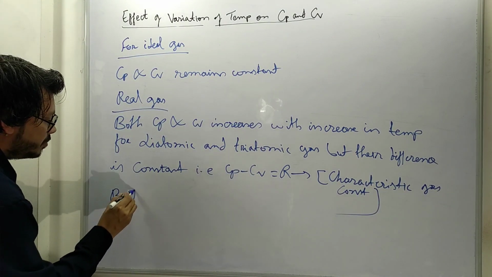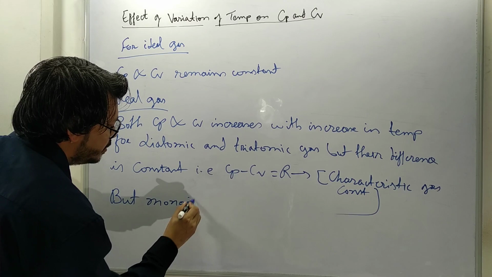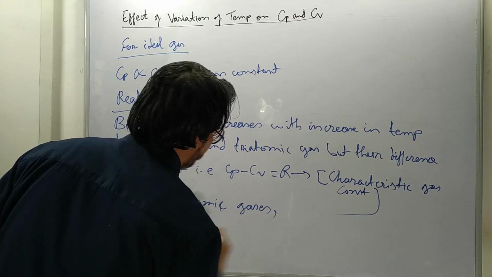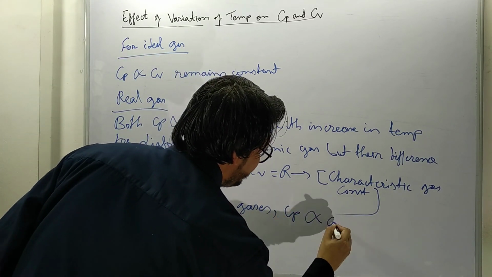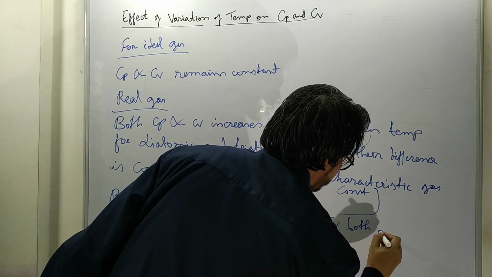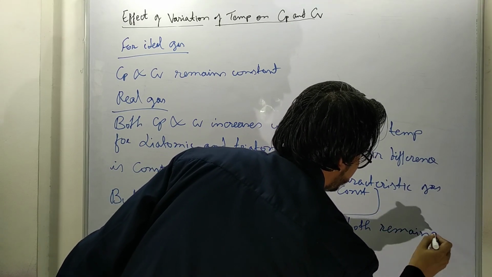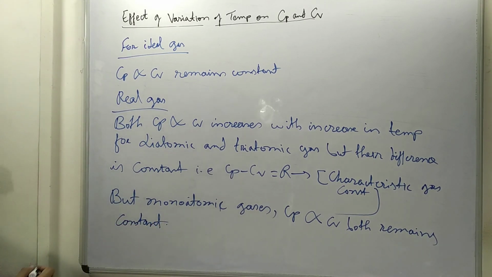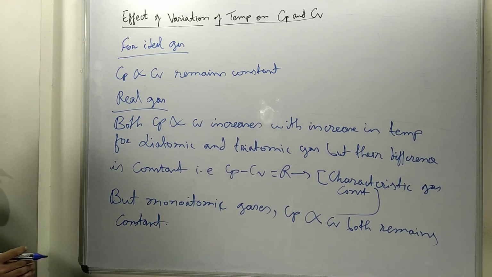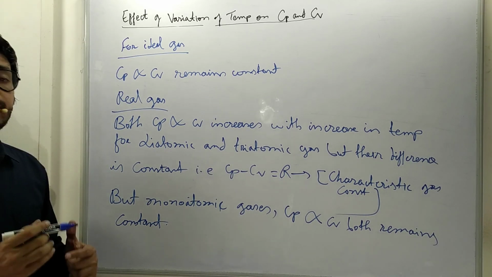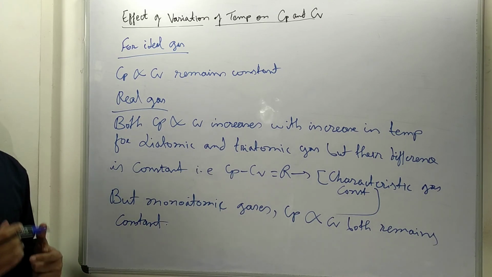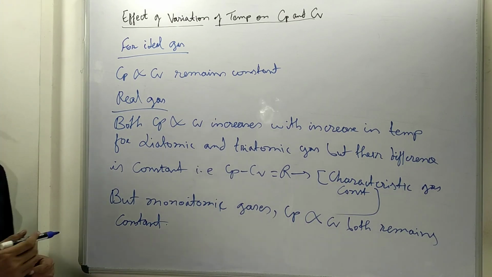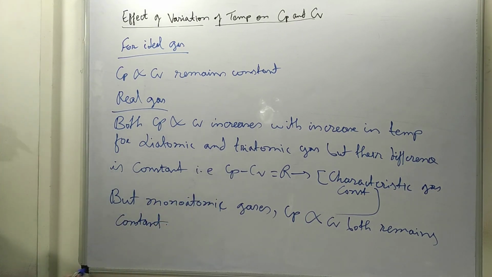But for monoatomic gases, Cp and Cv both remain constant. So for ideal gas, Cp and Cv remain constant, but for real gases, for diatomic and triatomic gases, Cp and Cv both increase with the increase in temperature, but the difference is constant, which is known as the characteristic gas constant. But for monoatomic gases, the specific heat capacities remain constant.